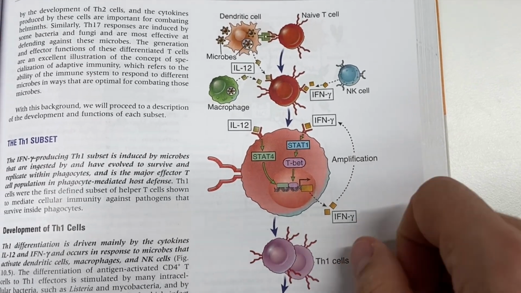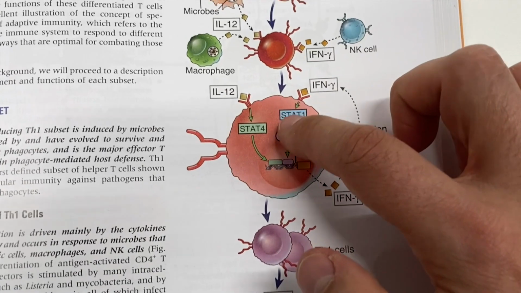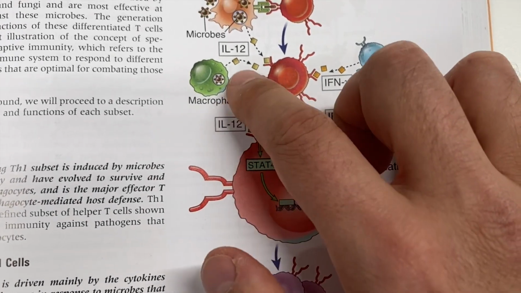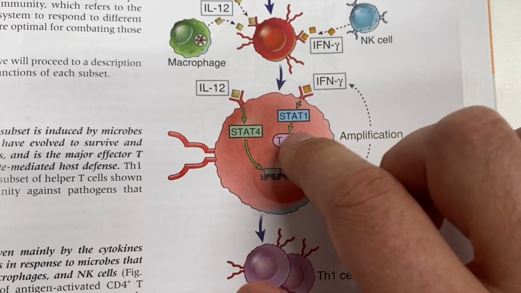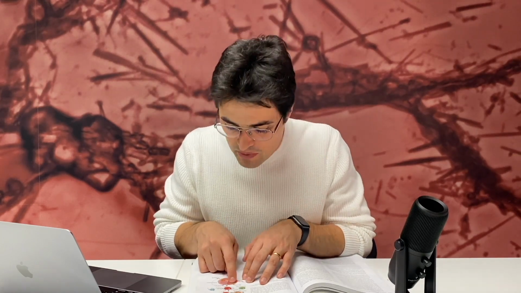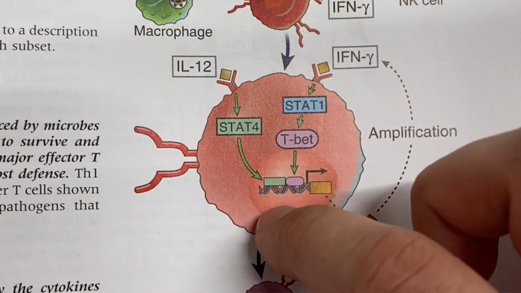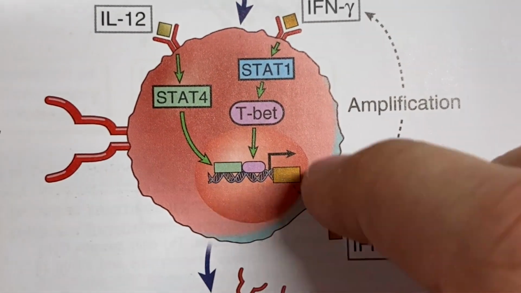So you can see here at the genetic level, the chemokines, the cytokines or chemicals start activating what we call transcription factors. What is that? It's a factor, it's a protein that is in the cytoplasm of these cells that will go straight to the DNA to activate a transformation program.